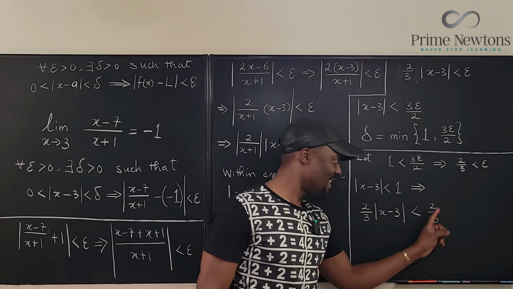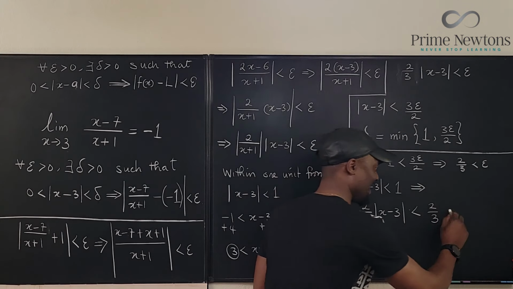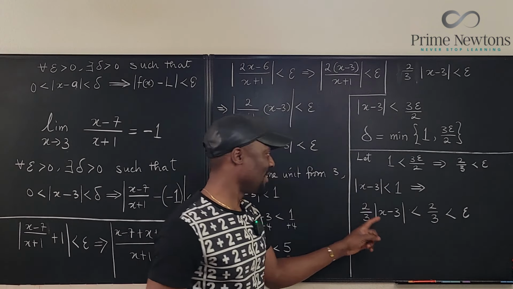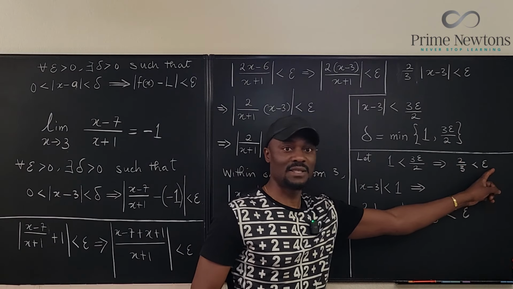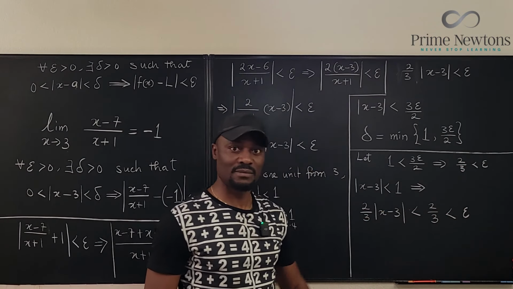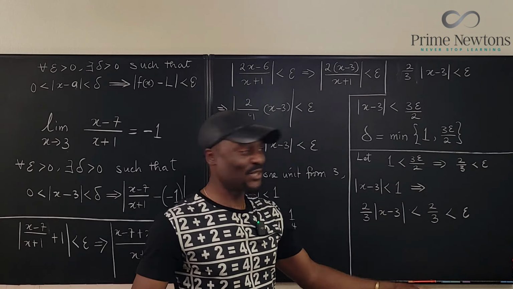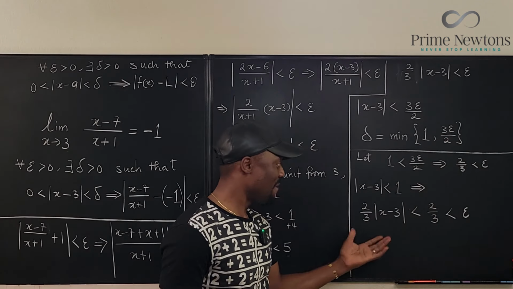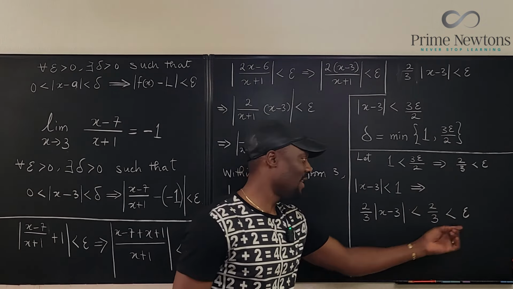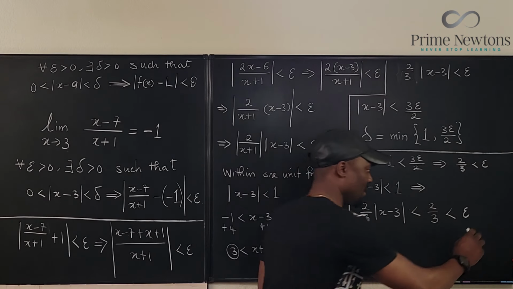And if this is less than 2/3, it is automatically less than epsilon. Why? Because we said 2/3 is less than epsilon from here. That's it. That's if you choose 1. So to prove 1 is always easy. Just say that it is less than the other one, and by the time you do 2, 3 lines, you're already there. So this is done.